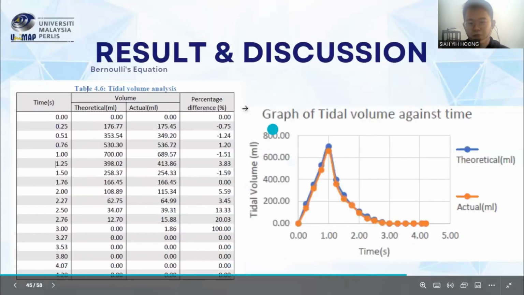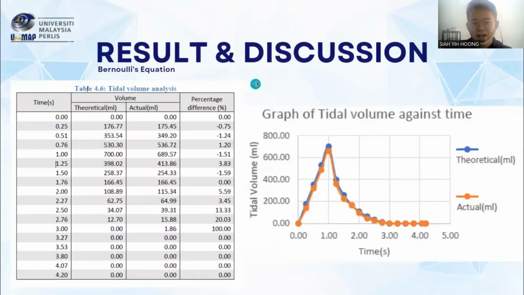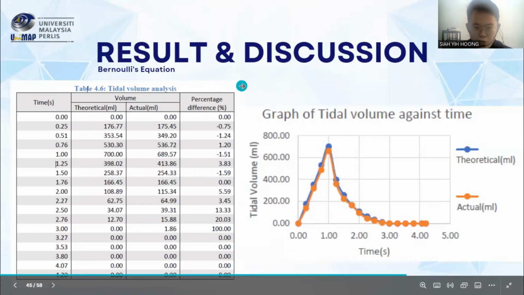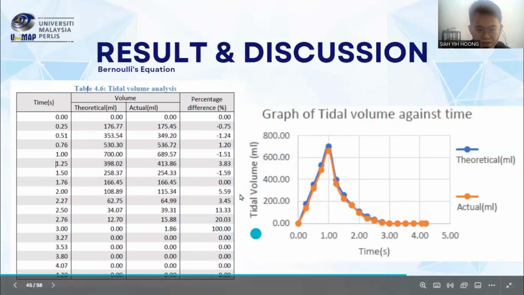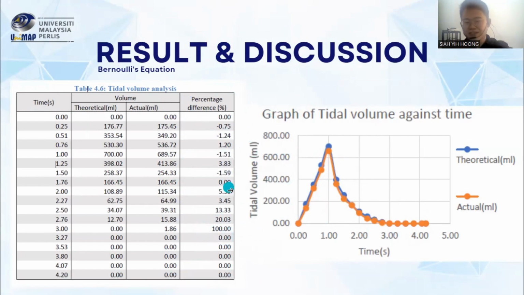So if we analyze in real life, we have the percentage difference shown right here, and the graph. The graph is actually quite identical with the theoretical one. But if we look carefully at the percentage difference, we have 100 percent difference. But hold on, this does not mean that the ventilator is not accurate at all.